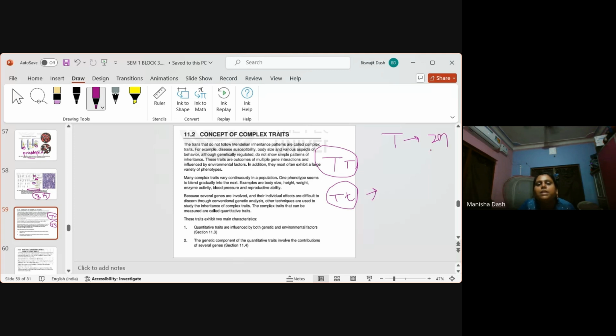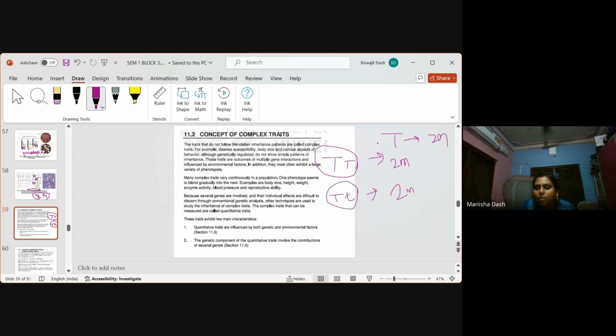So whether the plant has a genotype of TT or Tt, every time the plant will grow into a height of what? 2 meters. So this is what is actually a monogenic trait. That means the alleles or the genes are not additive in nature.